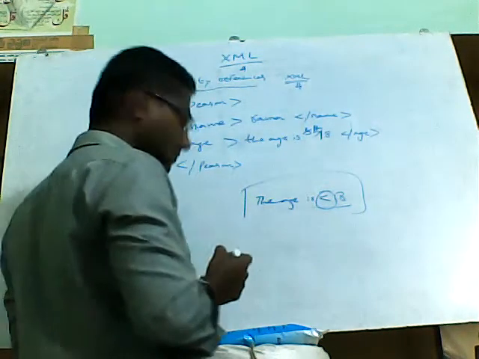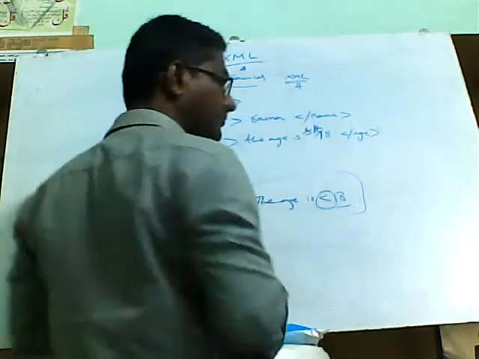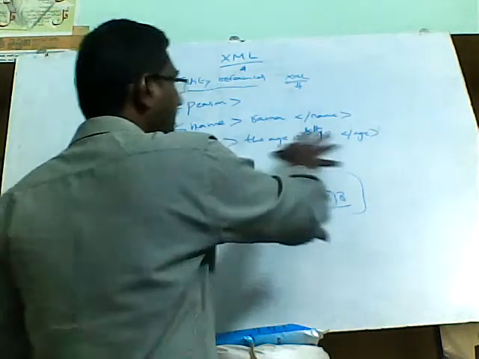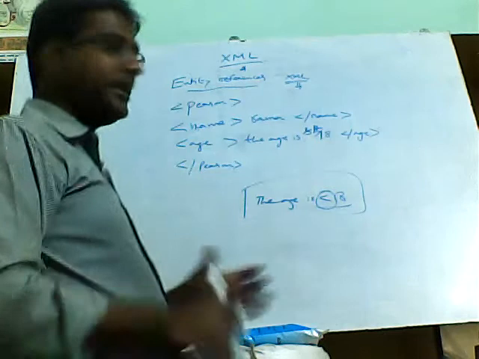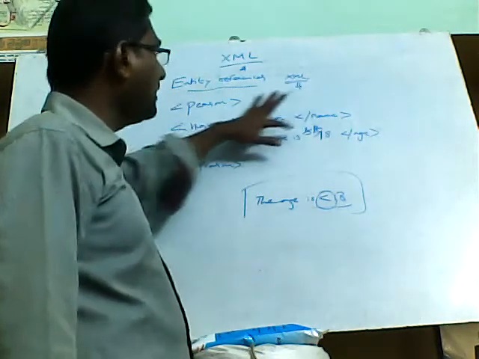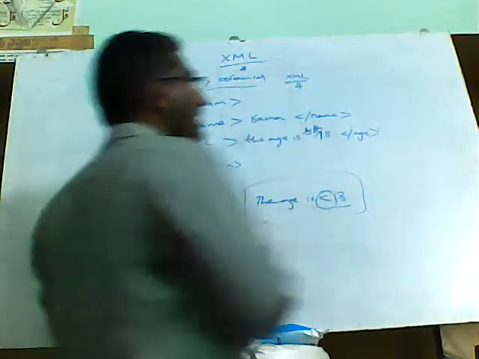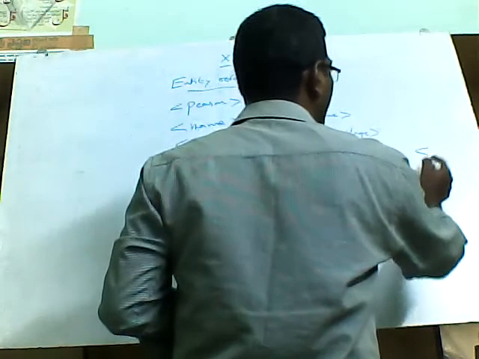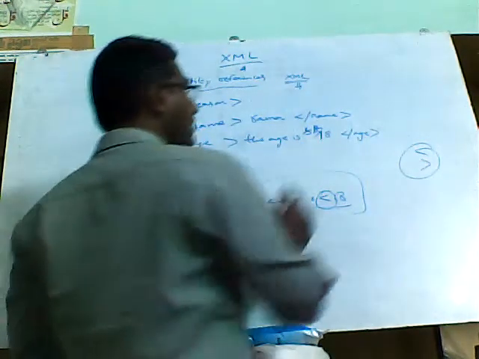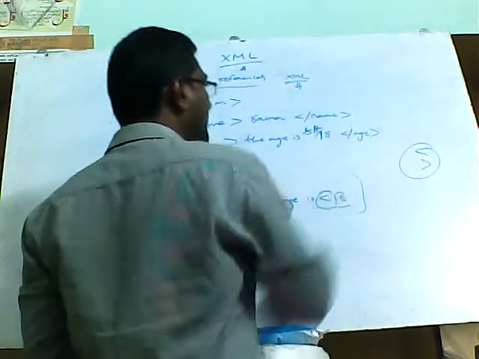Between the elements you can write some text, that is nothing but markup. You can add text in between the tags. But special symbols like less than and greater than are not allowed. If you want these symbols in the output, we have to use the entity references, like ampersand LT semicolon.